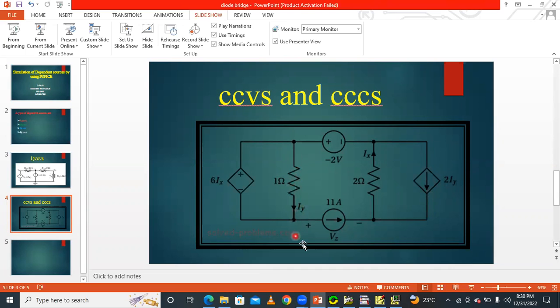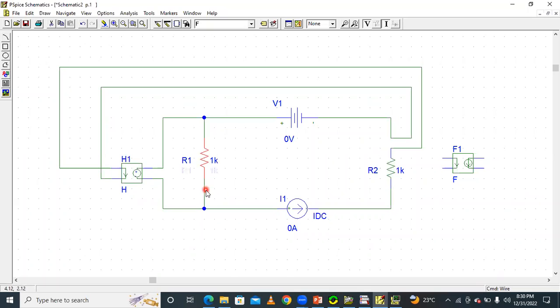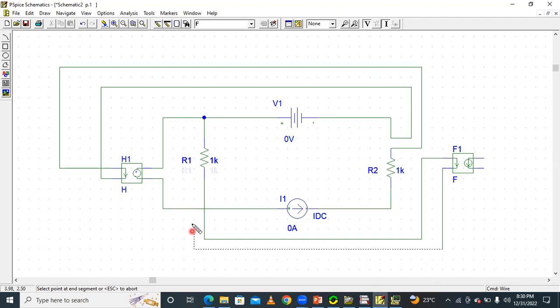The current is leaving from the 1 ohm resistor, so it is downwards. So we remove this wire, take this wire, and the current leaves here. The circle represents the depending parameters, and this circle is the source. Then another terminal is connected here, with current leaving from this resistor and entering into the other terminal like this.